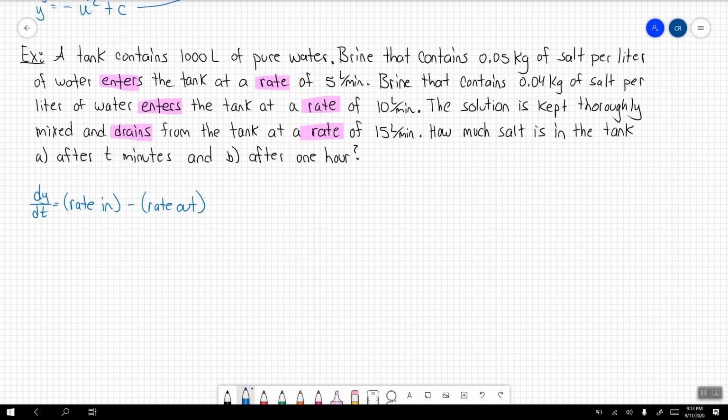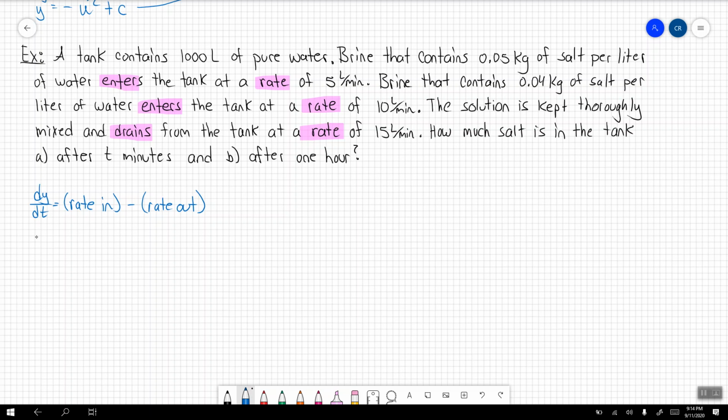Now, in this particular case, we want to identify that the rate is going to be the change in the amount of brine that is in here. In this case, brine contains a salt solution. Therefore, it's going to contain the change in the salt. Okay, so we're going to make sure we word that here.